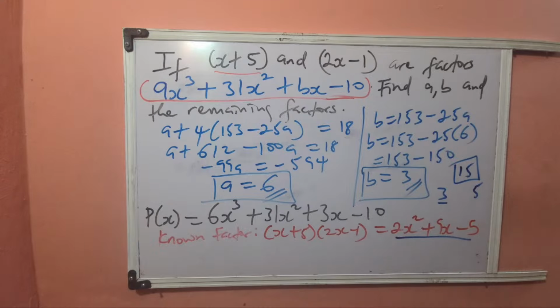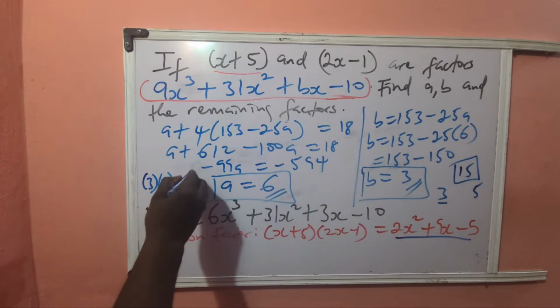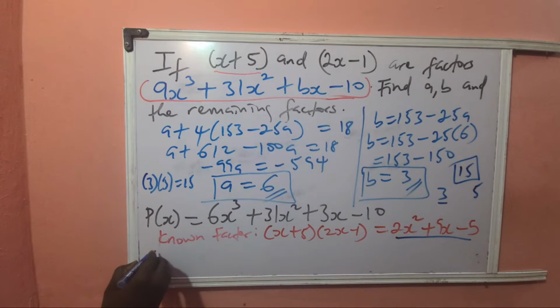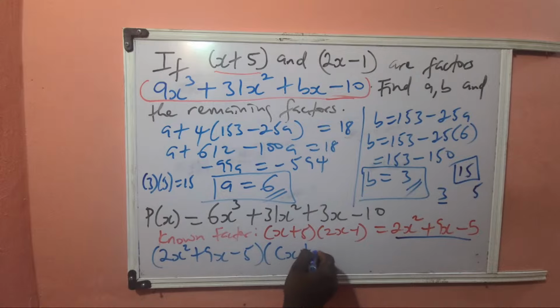Another way of solving that is coefficient comparison. So what I can say here is, of course, I know what factors mean. As I said, 3 times 5 is like writing 3 and 5 equals 15. So I'm not wrong if I write that 2x squared plus 9x minus 5 is multiplied by a particular unknown factor.